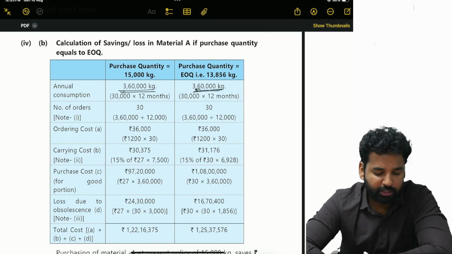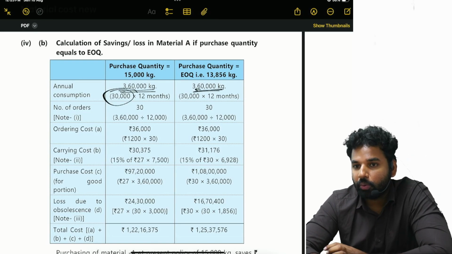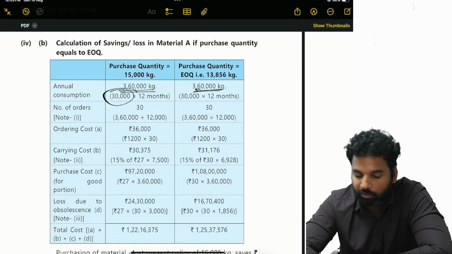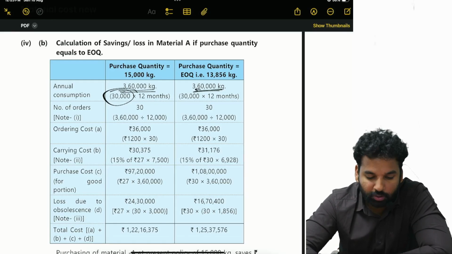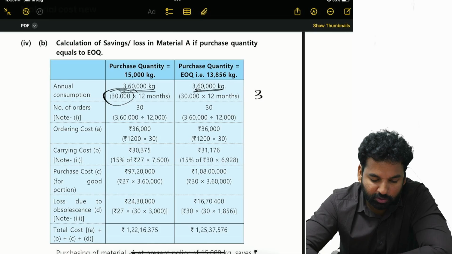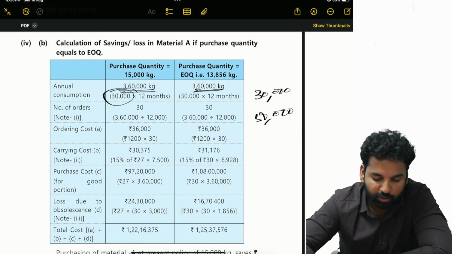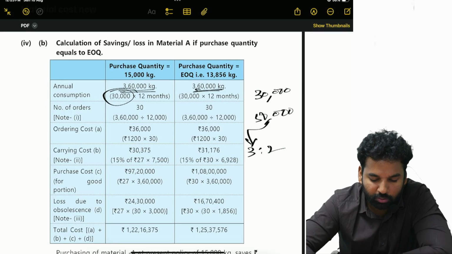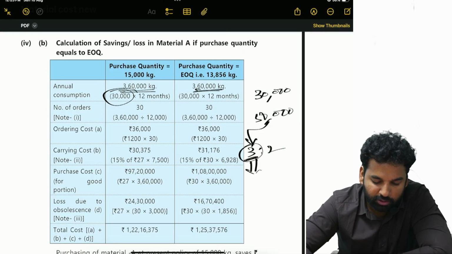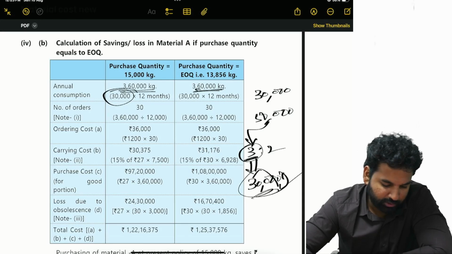How we got it? 30,000 per month. How you got 30,000? Ratio. For 30,000 output, we need to give 50,000 input. In that also 3 is to 2. So for 3 ratio, 30,000 is the input. Is this okay? Okay, right.